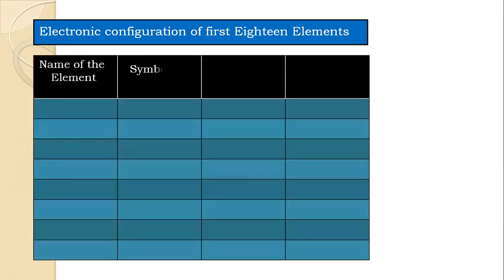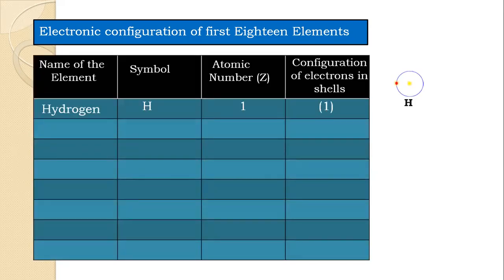So students, the first element is hydrogen. The atomic number of hydrogen is 1, which means it has 1 electron. That 1 electron will go in the first shell as shown over here. Helium. The atomic number of helium is 2. That means it has 2 electrons, which will go in the first shell itself.